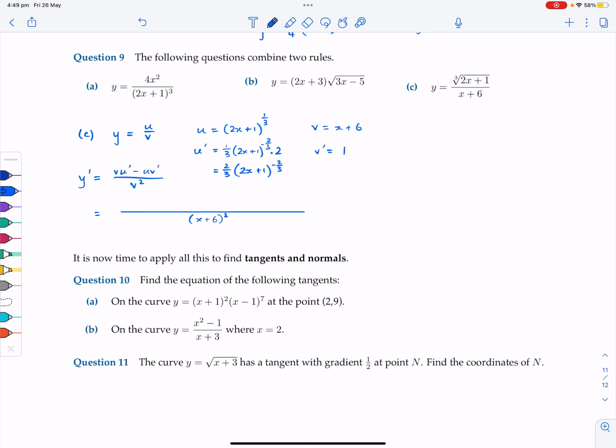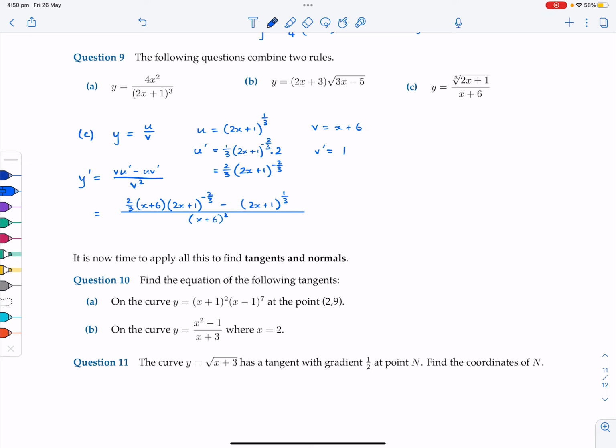Okay, VU dash, I'm going to put 2/3, and then I'm going to put the x plus 6, and then I'm going to put the 2x plus 1 to the negative 2/3. Now I've got a minus. Now I've got UV dash, and v dash is 1, so this is simple. So 2x plus 1 to the power of 1/3. Right, and there we go.